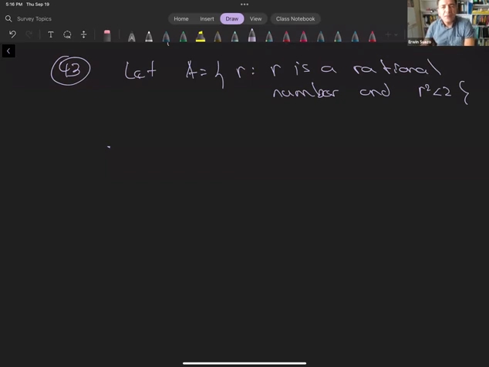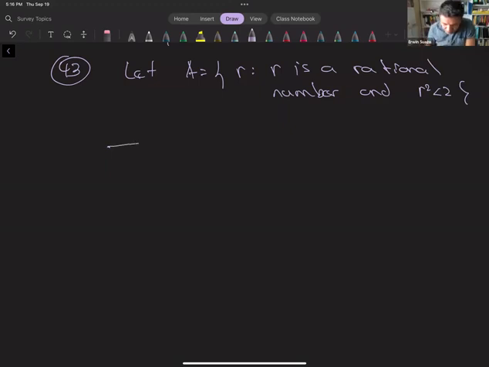Okay. So remember we showed that there is no solution for the equation r squared equals 2 in the rational numbers. So you consider this set, basically considering all the points whose square is less than 2.